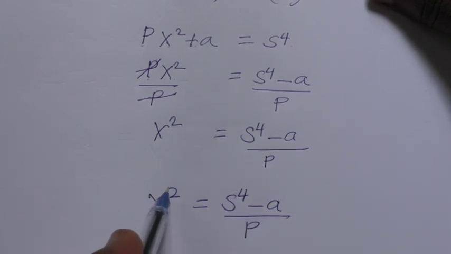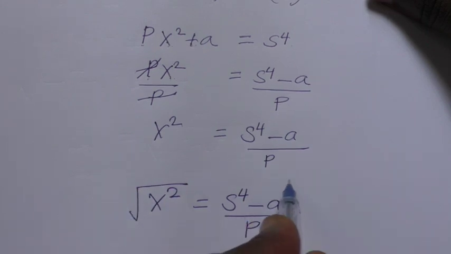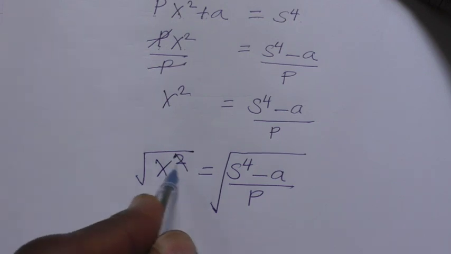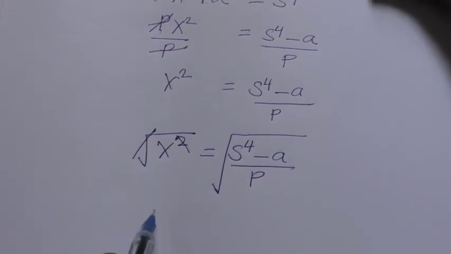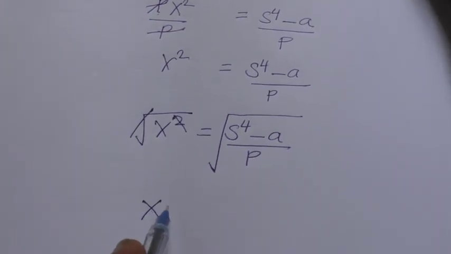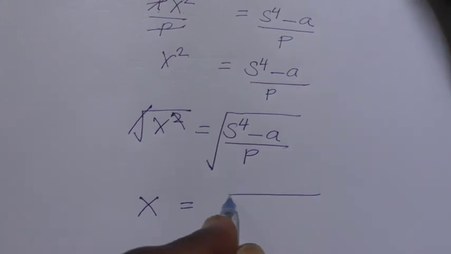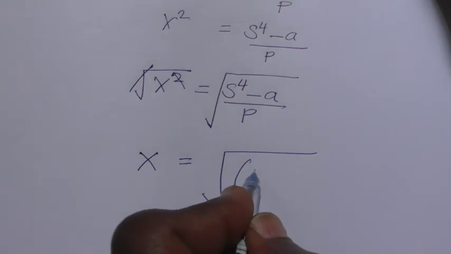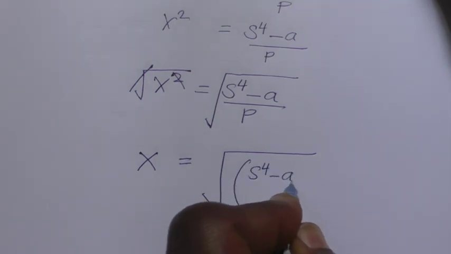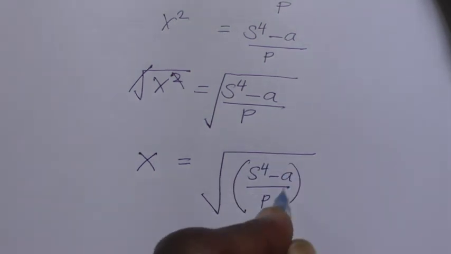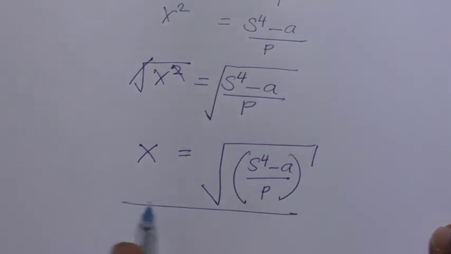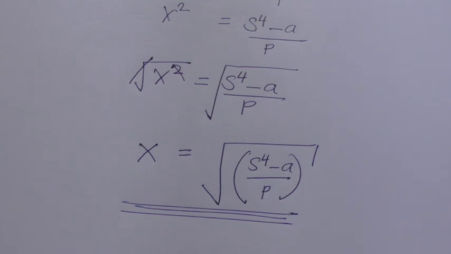So we shall introduce square root on both sides such that the square cancels with the root, and therefore we shall remain with x as the square root of, we can introduce brackets, s power 4 minus a over p. So that will be the final expression of x.